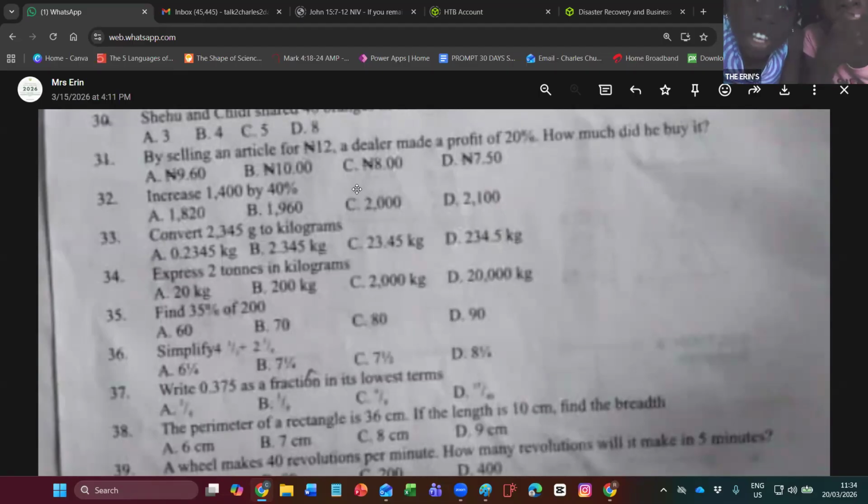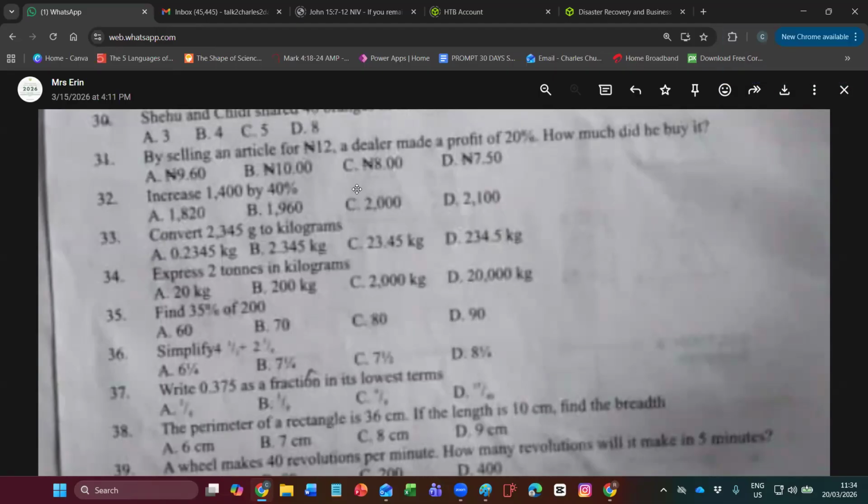Okay, sorry. P over selling price. I don't know of any formula like that though. There's no formula like that. Okay, sorry. 20 over 100 times 12 over 1.